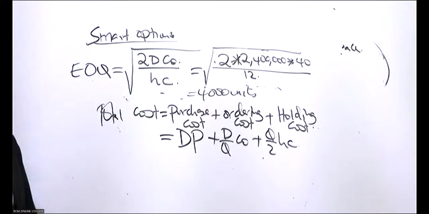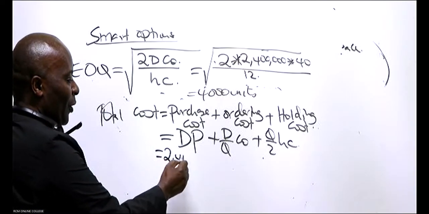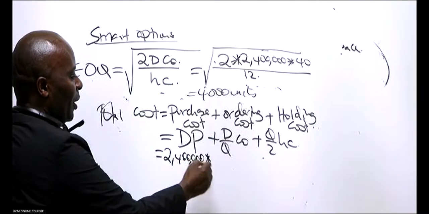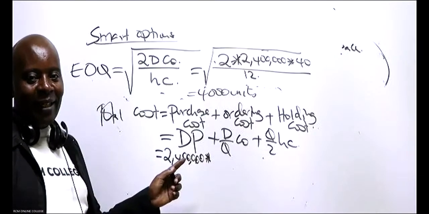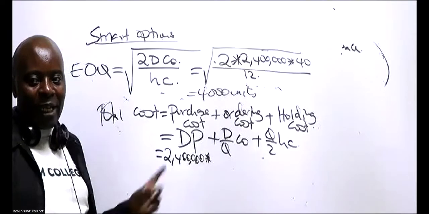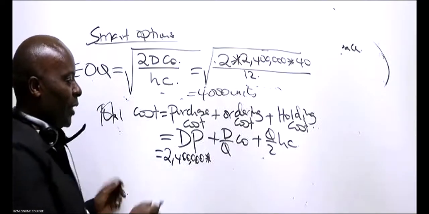So do we know the annual demand? You guys gave me the value. Was it 2.4 million? So 2.4 million times, in this case here, the buying price. Remember, this is buying price. It was 60, isn't it?